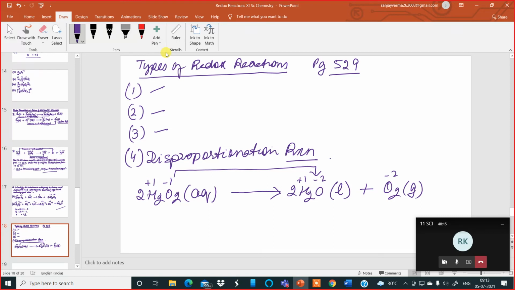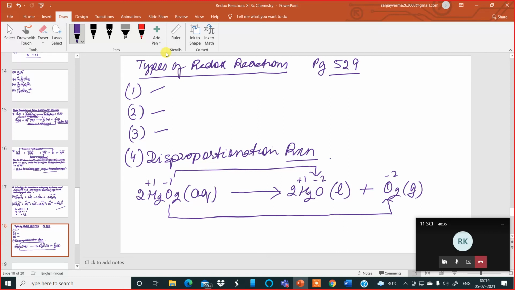At the same time, the oxidation number of oxygen is also changing in the other product. One is reduction, one is oxidation. Which one is reduction?